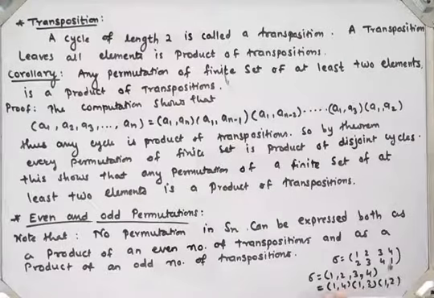So it has only 3 transpositions, and 3 is odd, so this is an odd permutation. Means a permutation is either even or odd, but not both simultaneously.